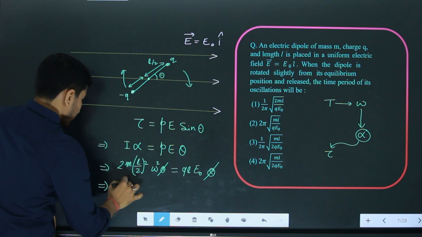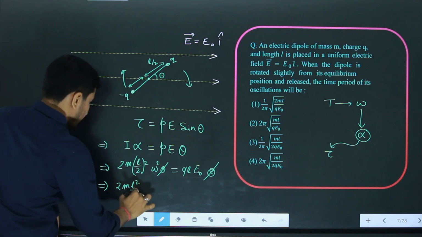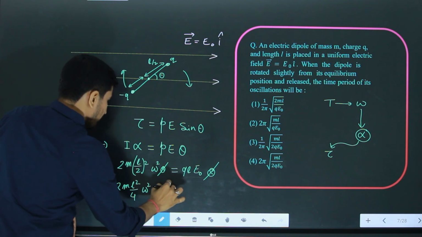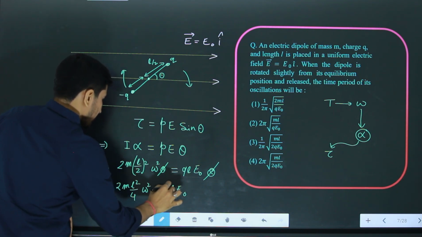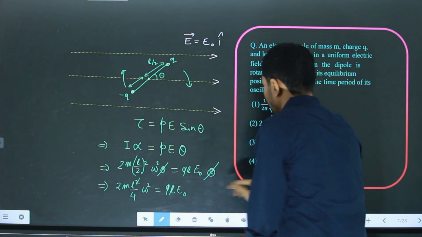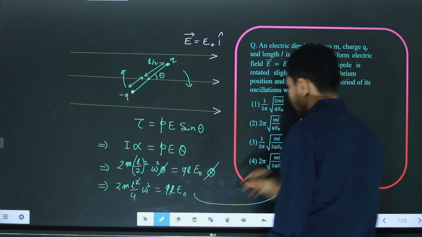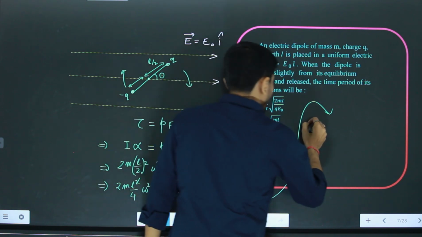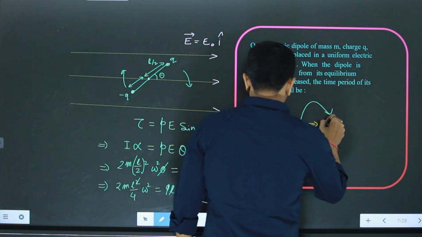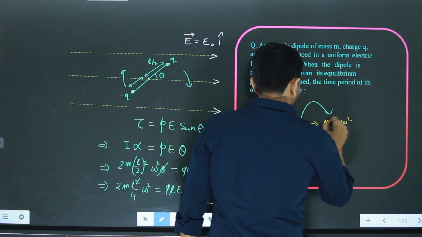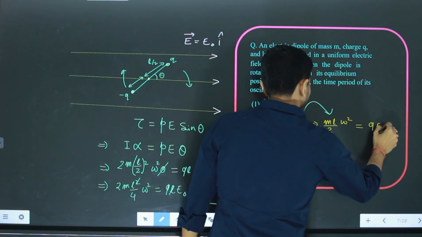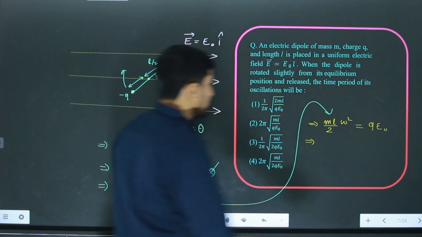Cancellation, then 2m L square divided by 4 omega square equal to q multiplied by L E naught. L gets cancelled. If I do the calculation here, so if I take it this way, this will be equal to ml omega square divided by 2 equal to q E naught, right?